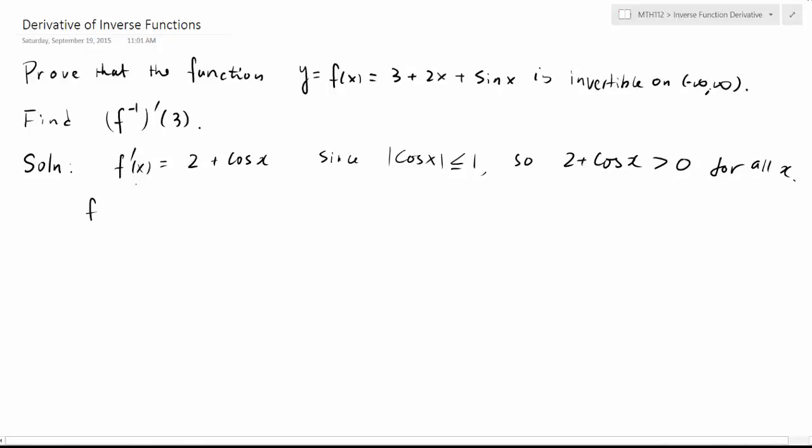That means f of x is strictly increasing. So f of x is 1-to-1 and thus invertible.